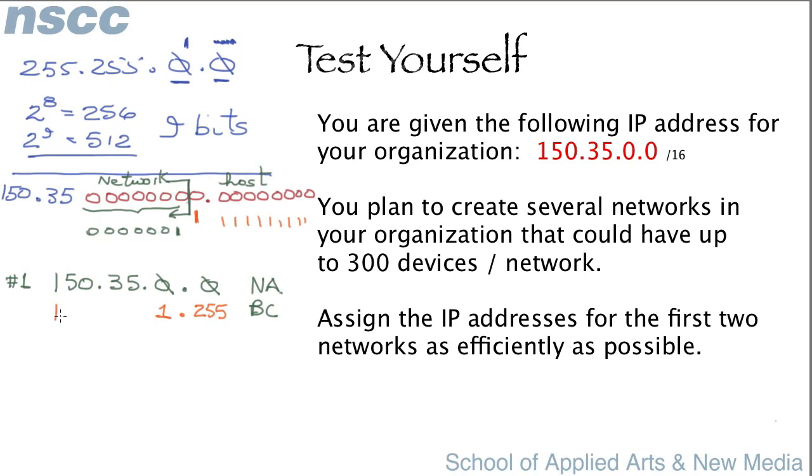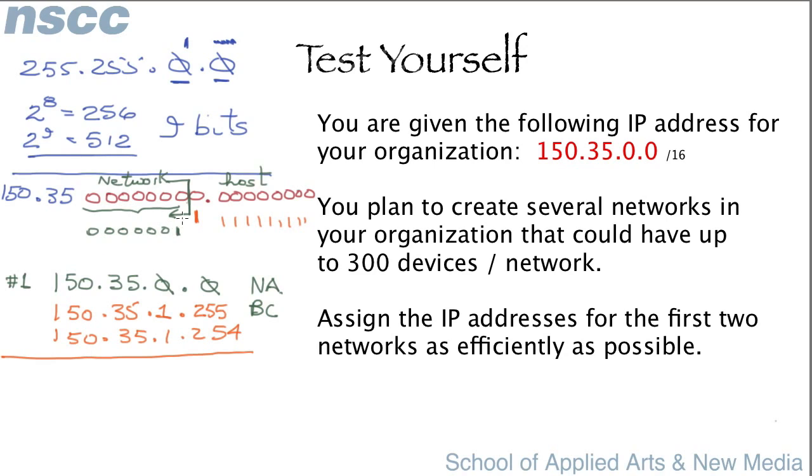So my broadcast address is 150.35.1.255. I could choose a gateway in here. A typical gateway choice might be .1.254. Devices in this network would be assigned 150.35.0.1 to 255, and then I could change this number to 1, and it would go from .0 to 253. 254 assigned for the gateway.